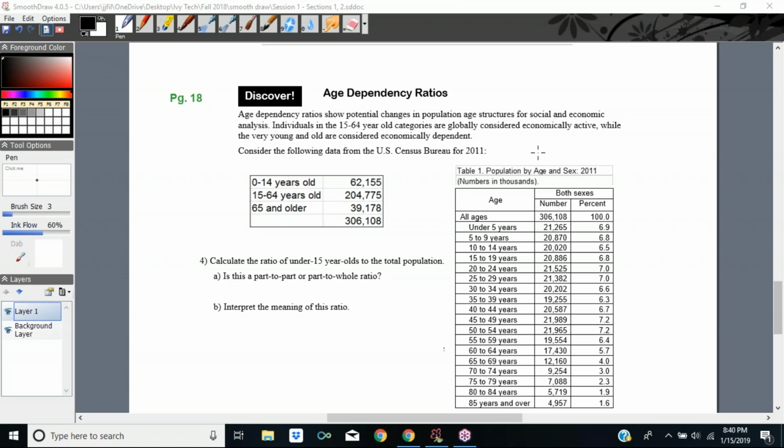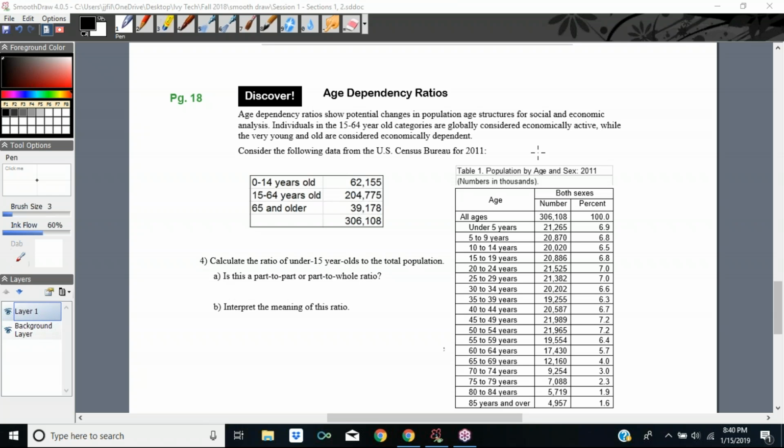So here goes. Age dependency ratios, there's really 3 that we're concerned with. There's a child dependency ratio, there's an old age dependency ratio, and there's an age dependency ratio. So let me just give you an overview. The child dependency ratio is a ratio of the under 15-year-old people to the working people, which we consider 15 to 64 years old.